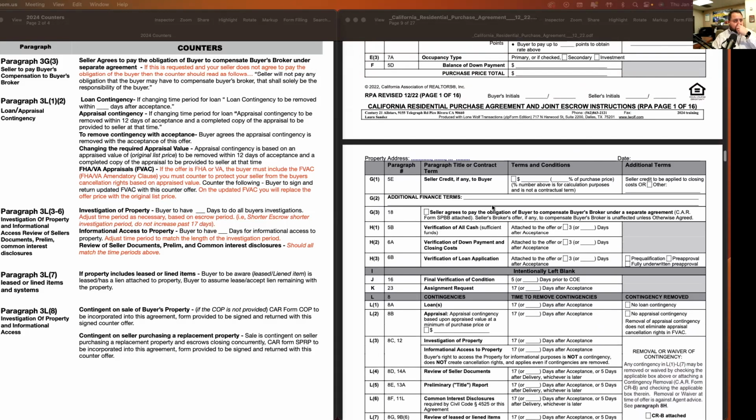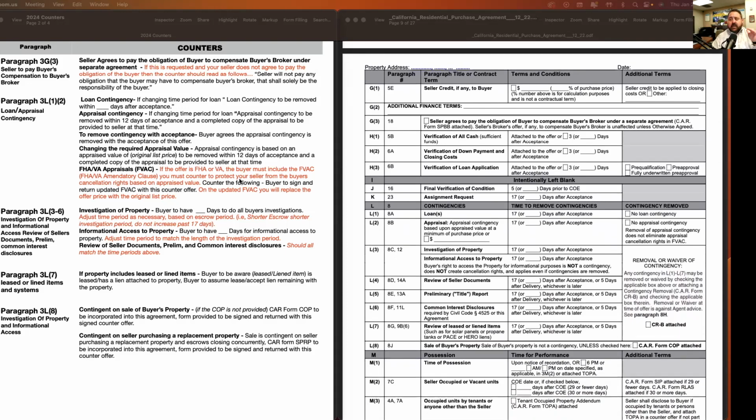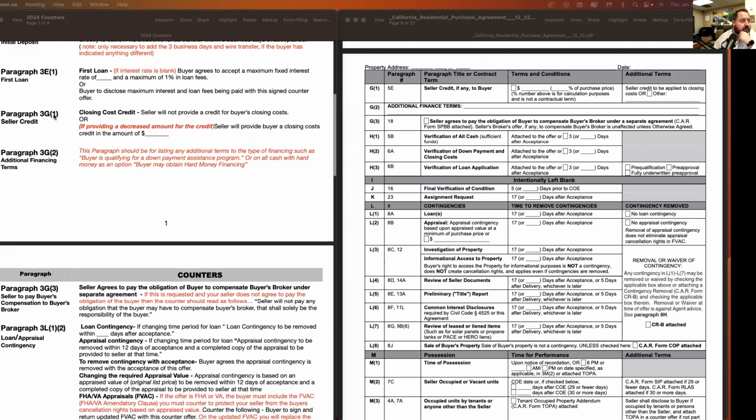Let's start with the credits because I think that we probably had done that. Remember, if the seller is not going to pay a credit, we're talking about paragraph 3G1 right here, which would be attached to this closing cost credit right here.